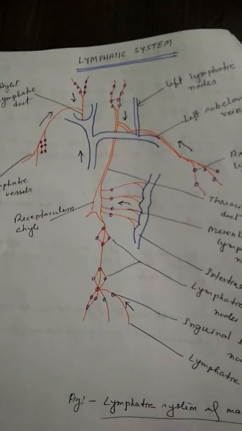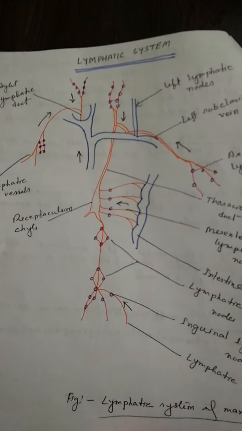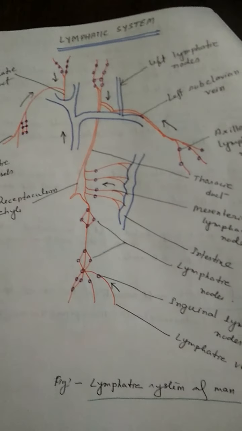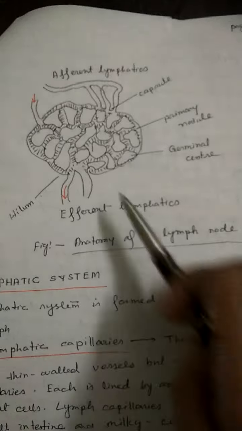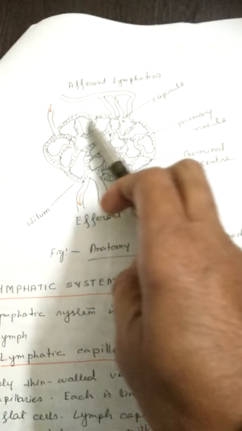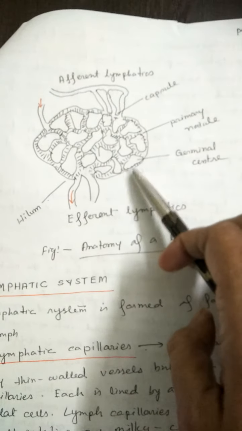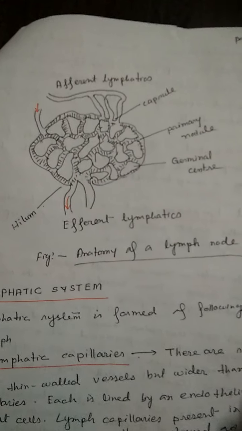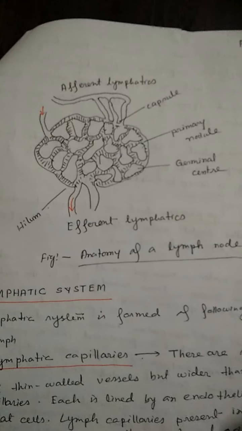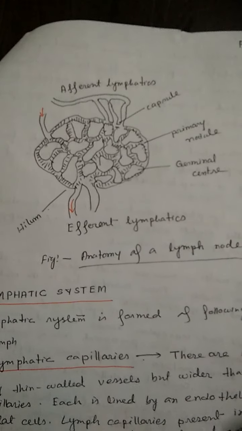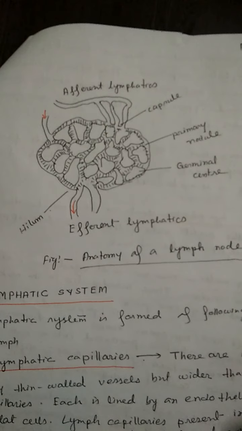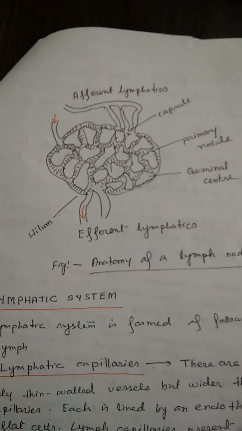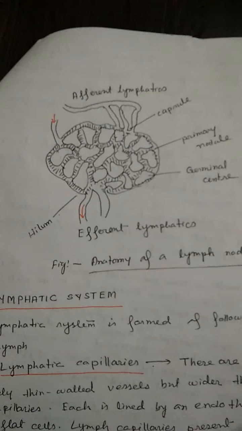Then lymph nodes. These are small, oval or bean-shaped structures. I will show the structure. So this one is a lymph node, a small oval, bean-like body. These mainly lie in the neck, axilla, thorax, abdomen, and groin.